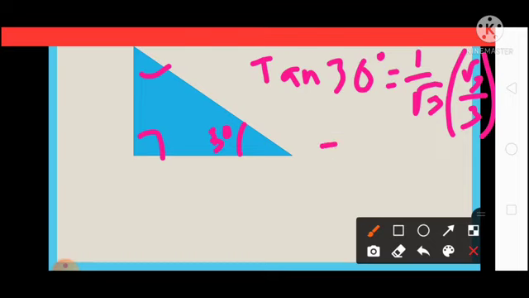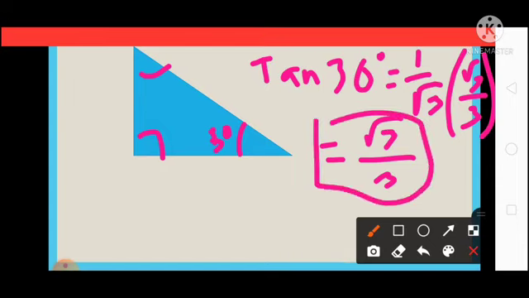So tan 30 is equal to the square root of 3 over 3.